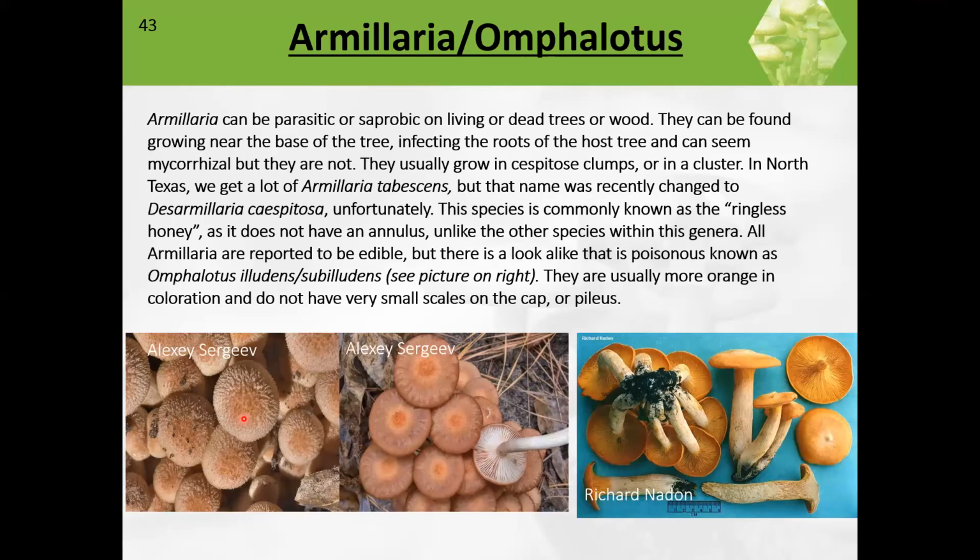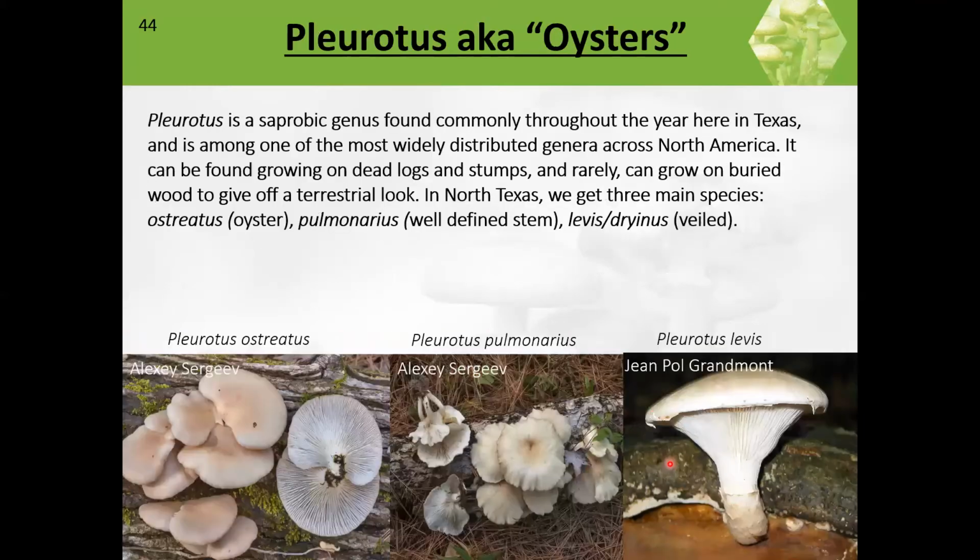In North Texas, we get a lot of the ringless honey mushrooms, which is Armillaria tabescens, which recently got moved into Desarmillaria caespitosa. They usually go in cespitose clumps. That means whenever they're really bunched in together and they're fused, as you can see with this one right here, right? Usually all Armillarias are edible, but this is the poisonous lookalike, and they're more orange and have small scales.